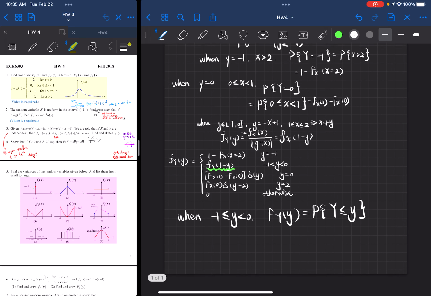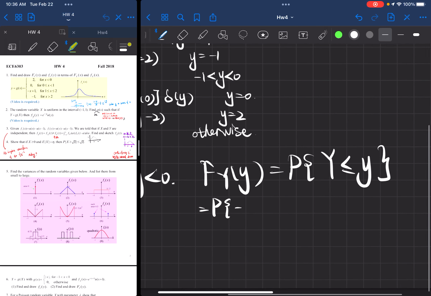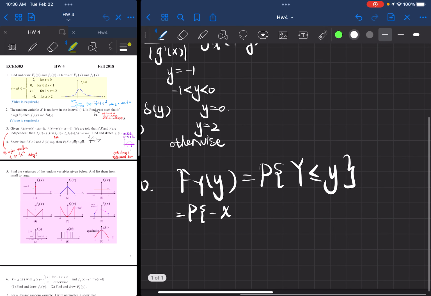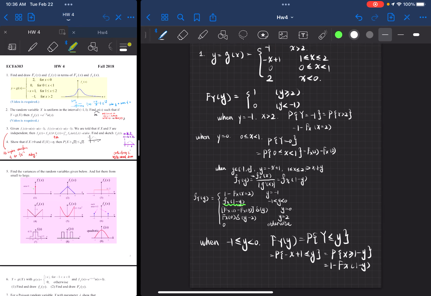We know that it equals the probability of negative x plus 1 smaller than y, and rewriting it, it equals 1 minus the distribution function of x at x equals 1 minus y.